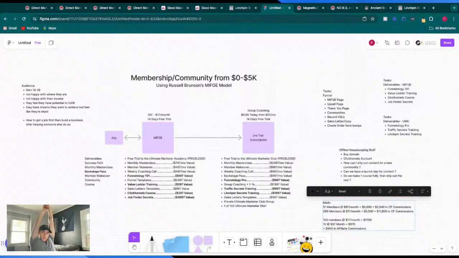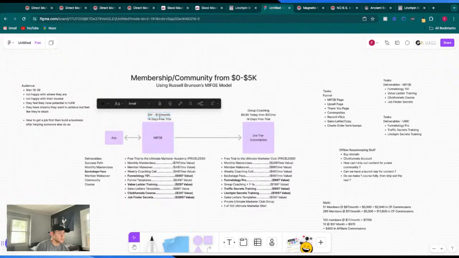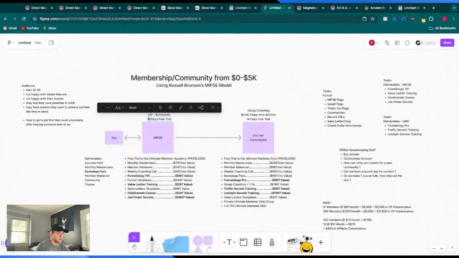So we can go about this a couple of ways. We can increase the price of this. My thoughts are increase the price and then offer a 21-day free trial. That'll be $27 a month.